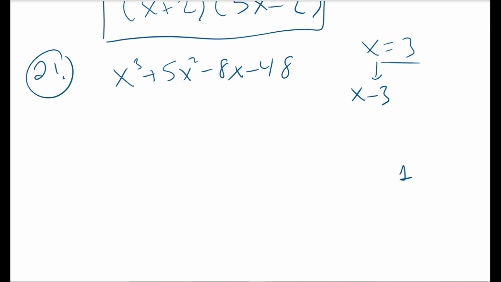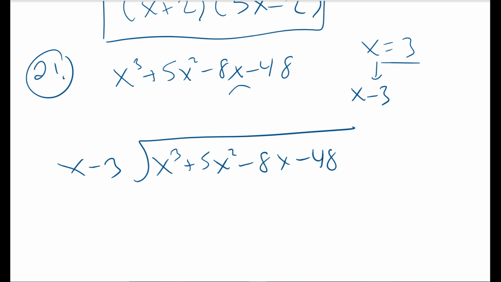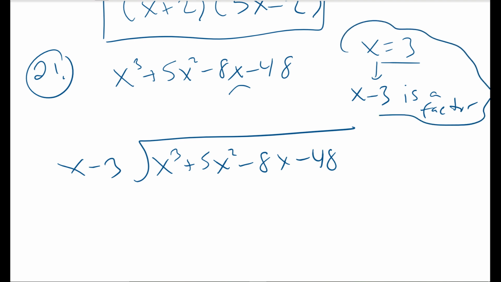So now that we have x minus 3 as a factor, we need to do a long division between those two. So we have to do x cubed plus 5x squared minus 8x minus 48. We're going to divide that by x minus 3 and do a long division. Let me write here that this is a factor from x equals 3.